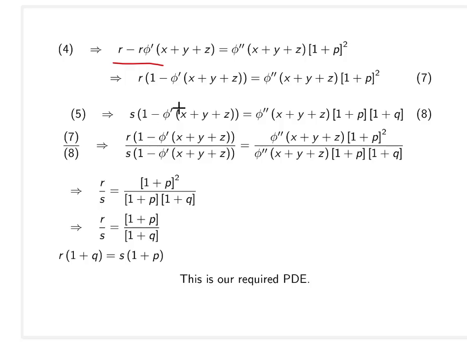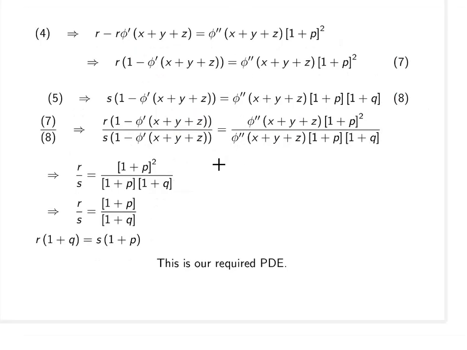This is taken as equation number 7 and this as equation number 8, so 7 by 8 we get r divided by 1 minus phi dash of x plus y plus z, whole divided by s into 1 minus phi dash of x plus y plus z. Here the phi double dash terms get cancelled, and similarly 1 minus phi dash of x plus y plus z gets cancelled. So we can get this.